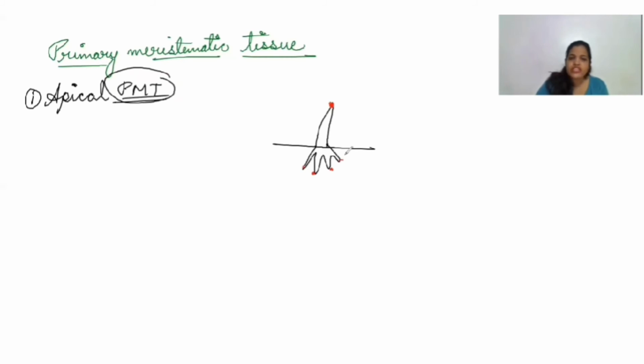Now, these meristematic tissues are known as apical primary meristematic tissue. Now, if you add I here, it becomes AIPMT, another word used for this NEET exam, just like that PMT. You all might know or may not know, it's not an issue. So, it's just an idea to remember.